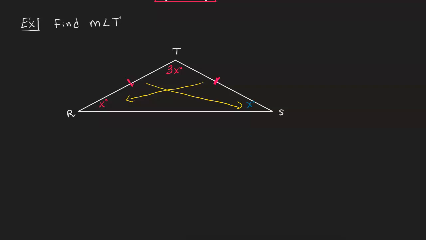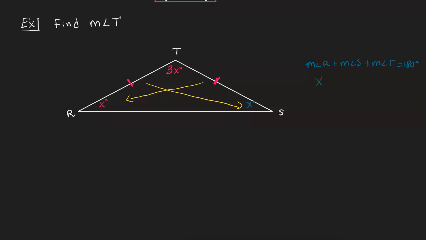And due to the triangle sum theorem, I know that the measure of angle R plus the measure of angle S plus the measure of angle T equals 180 degrees. And we do have values for all three of those angles, so let's just substitute them in.